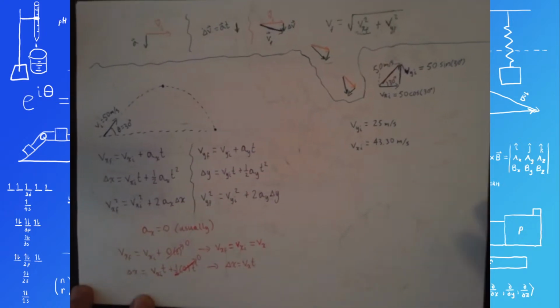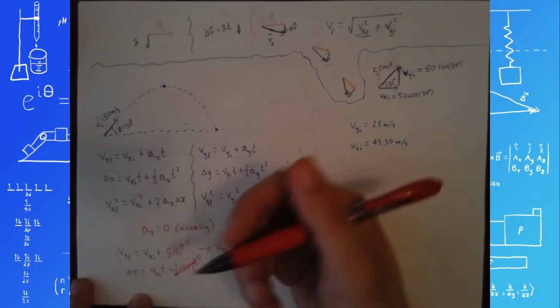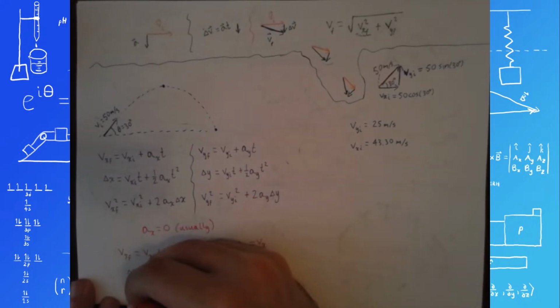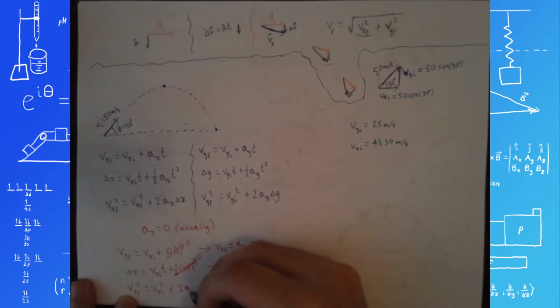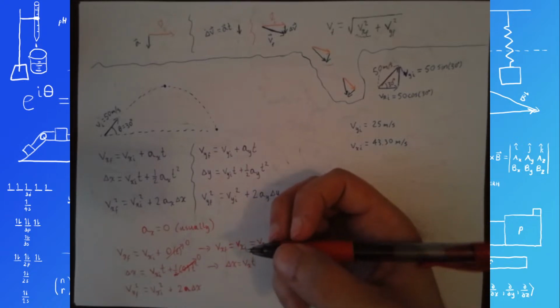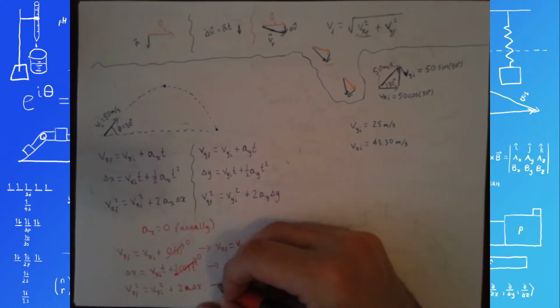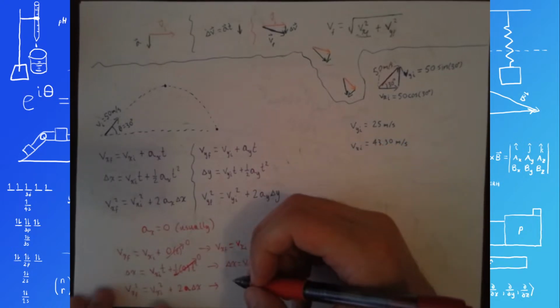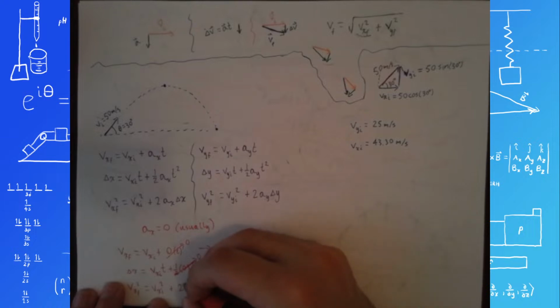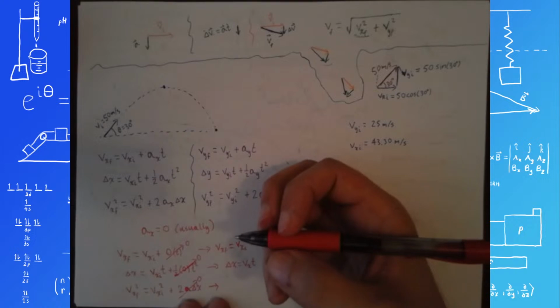And the third equation is probably even less useful than the first. It tells us Vx final squared equals Vx initial squared plus 2 times the acceleration times delta x. Which just gives us, well, the acceleration is 0. 2 times 0 times delta x is just going to be 0.